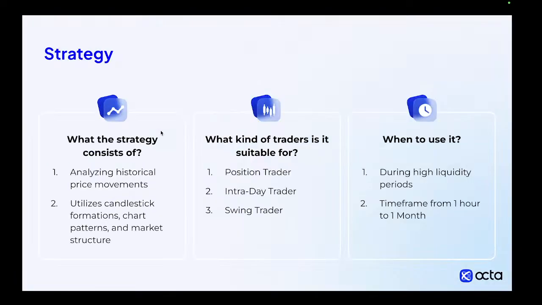Now, for this strategy, we're going to discuss what the strategy consists of. We're going to analyze historical price movements. We're going to utilize candlestick formation, chart patterns, and market structure.